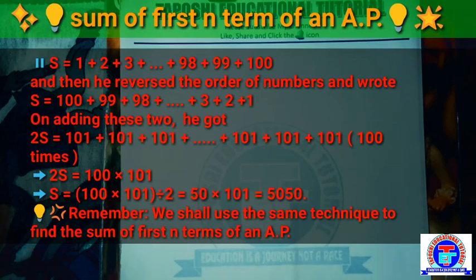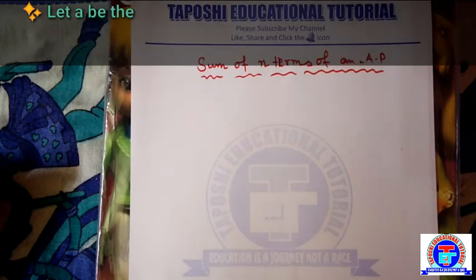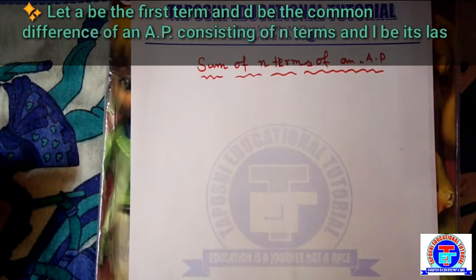Right. Here we shall use the same technique to find the sum of the first n terms of an AP. Let A be the first term and D be the common difference of an AP consisting of n terms, and L be its last term.